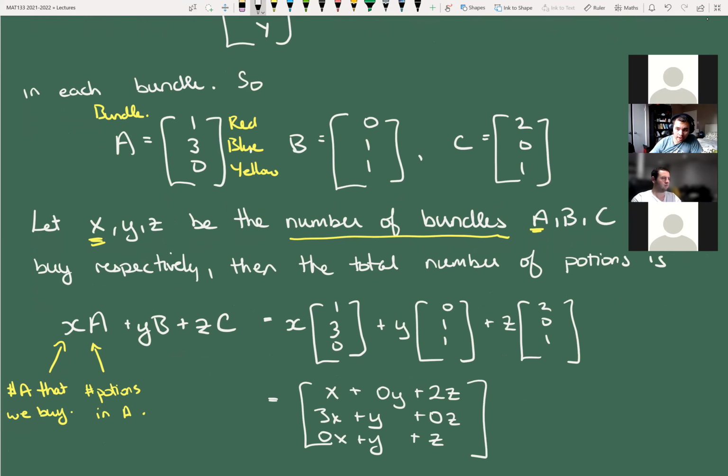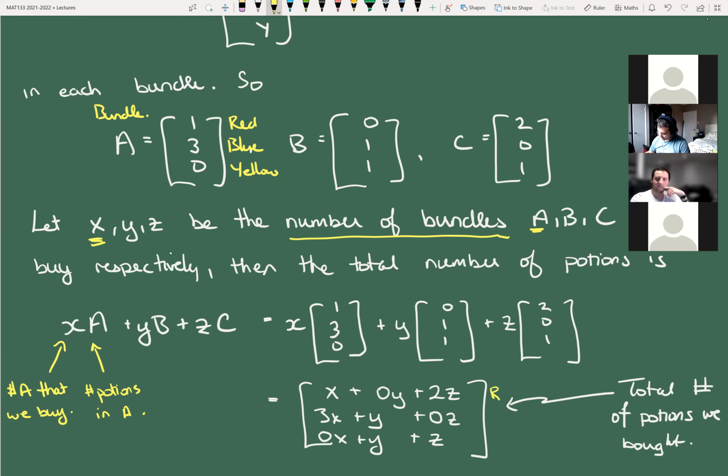Okay, so this now as a single vector tells me the total number of potions that we've bought. Okay, does that make sense? And yellow, exactly. Yellow is the 3rd row, blue is the 2nd row, and red is the top row, right? That's actually great. Let me include that just beside here: here's red, here's blue, and there's yellow.